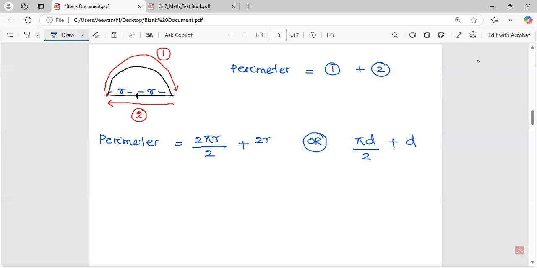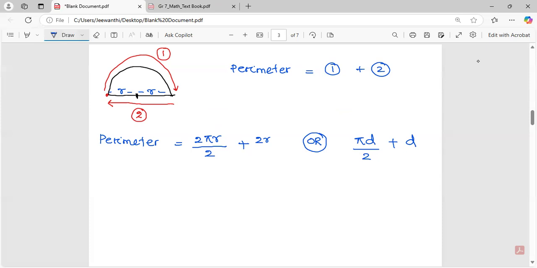If you are not adding the D value or the 2r value, it is not the complete perimeter. The perimeter means the length of the total outer boundary. So here we have the curvy path and the straight path, we calculate both and add them together. This is how we calculate the perimeter of a semicircle.